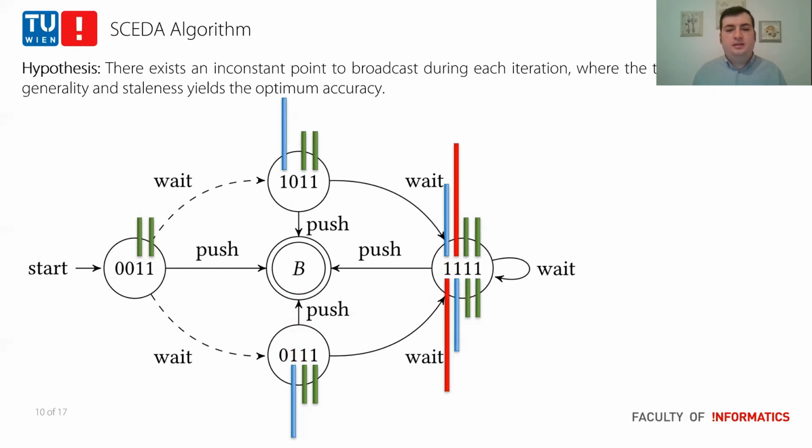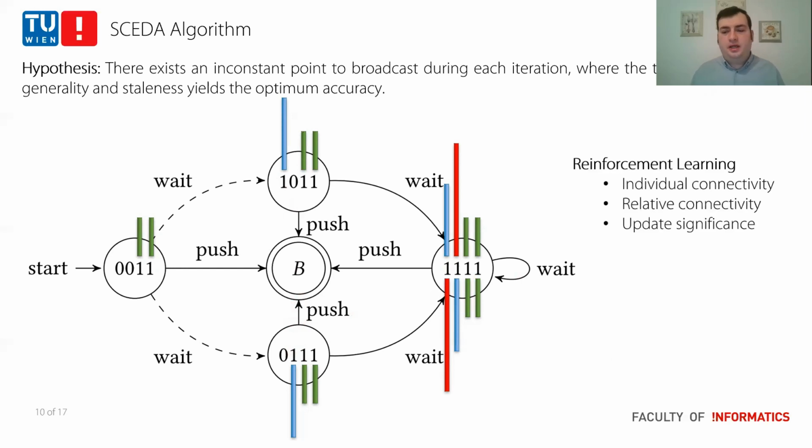So by using numerous trials and reward values for each action, and using reinforcement learning, the SCADA algorithm learns about the individual connectivity of edge nodes, their relative connectivity, for example, the order the updates come in, and the significance of their updates. So, for example, if an update is predicted to be not significant, it might not be worth waiting for it.